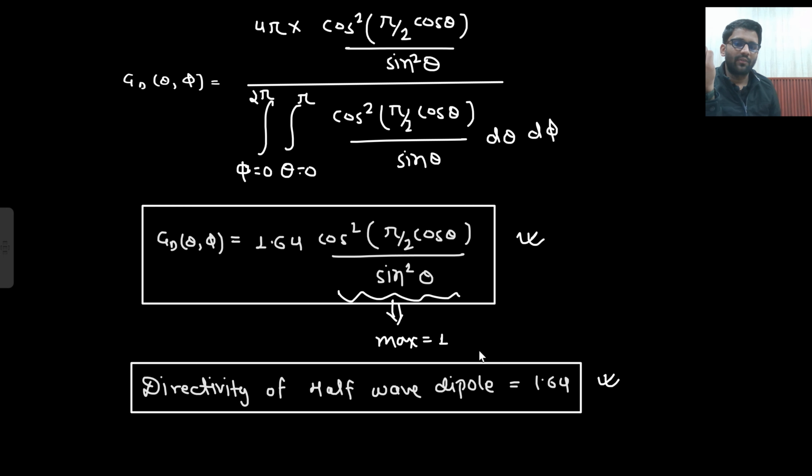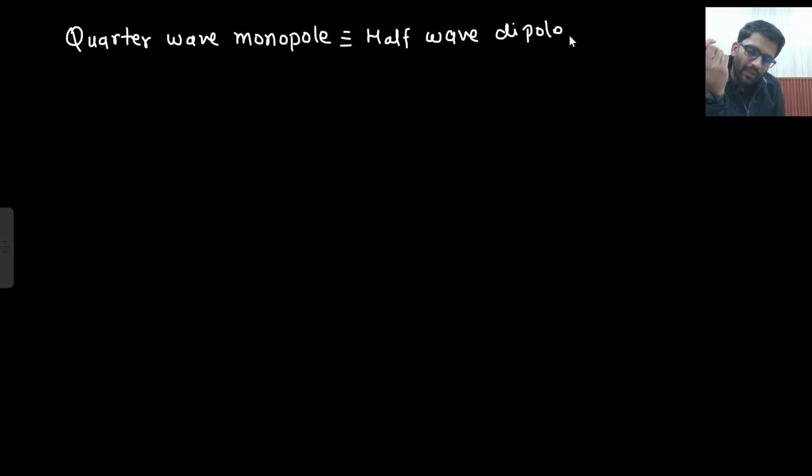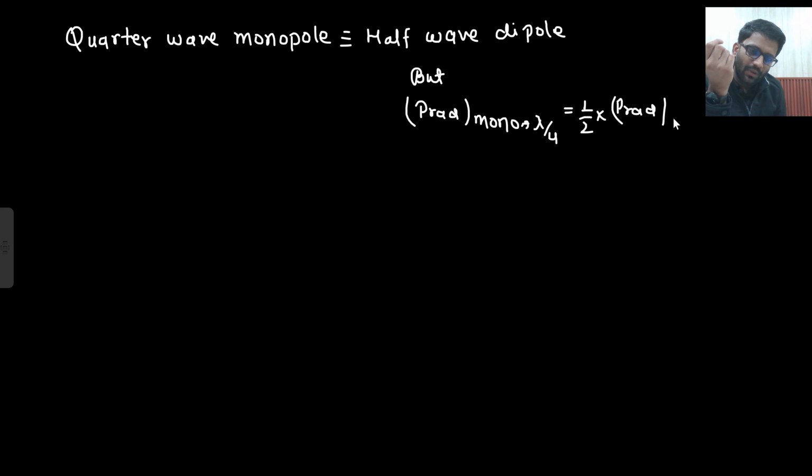So a quarter wave monopole is equivalent to a half wave dipole, but the power radiated of monopole lambda by 4 is half of the power radiated of dipole lambda by 2. So length will be doubled, E theta, P average, everything will be same, but power will be half.